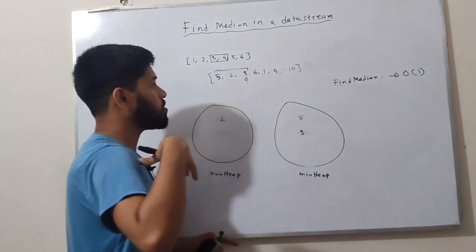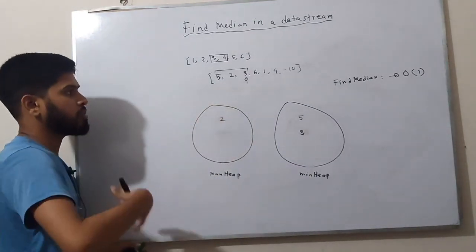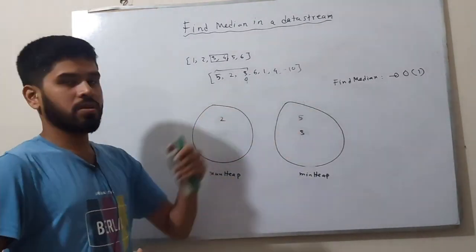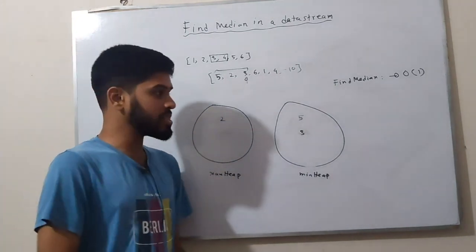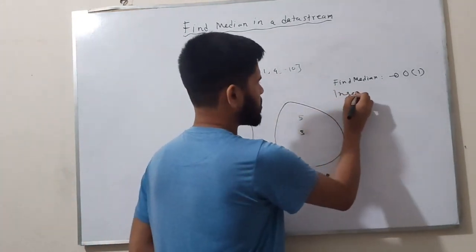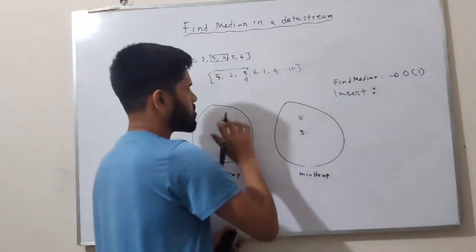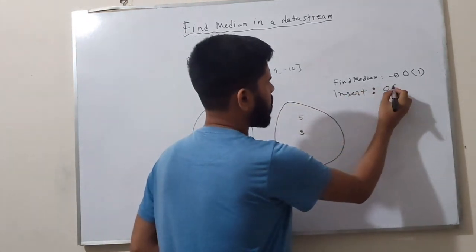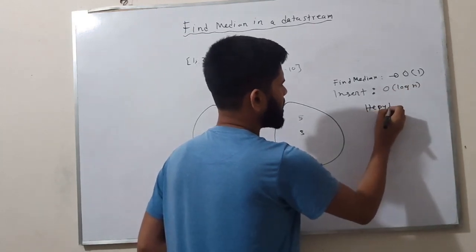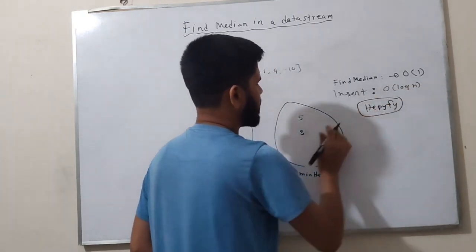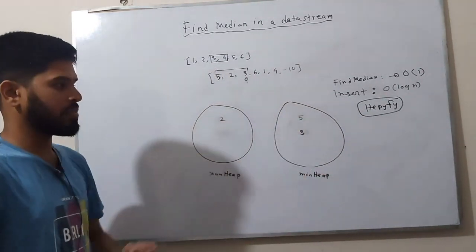And for inserting, in order to insert in our data structure, we have to store our data from our stream in our data structure. That will take time complexity. Inserting in a heap data structure takes time complexity O of log n. This is for the heapify algorithm that we have in the min heap and max heap data structures.